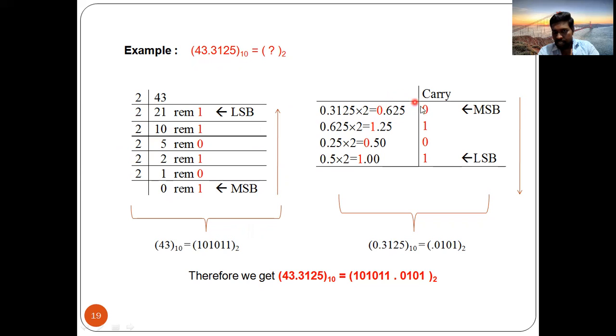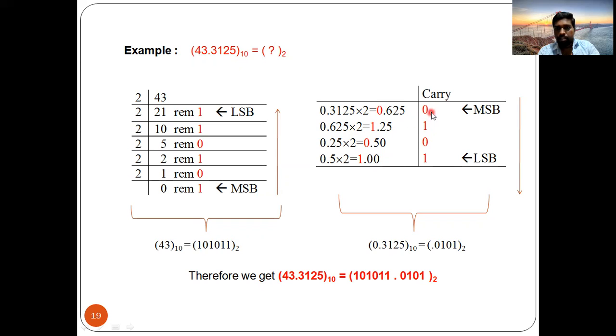Collect the integer part in the result, 0 here. Next, take only the fractional part, 0.625, again. 0.625 into 2, you will get 1.25. Take 1 here. Only 0.25 take again. 0.25 into 2 is 0.50. So take 0 here. 0.50 take into the next step. 0.50 into 2 is 1.